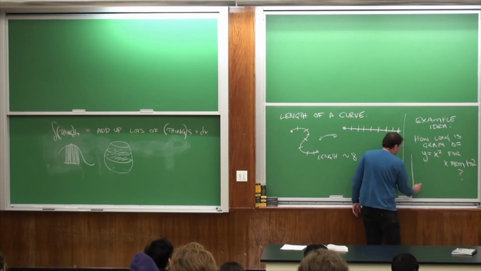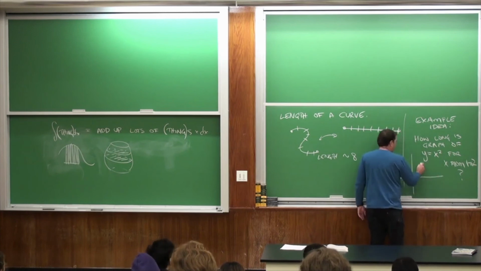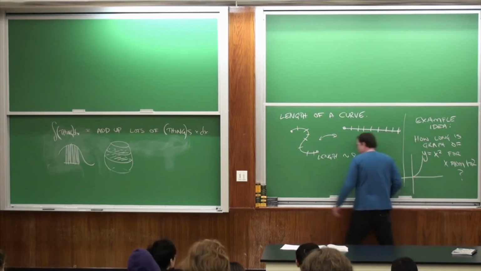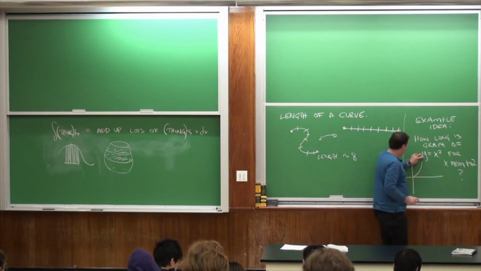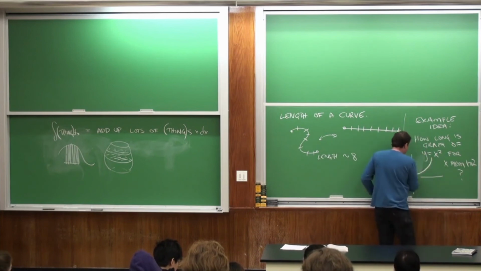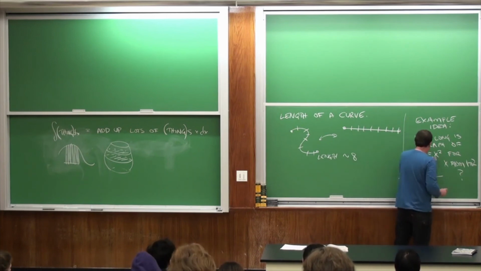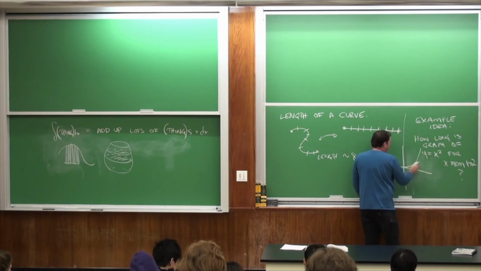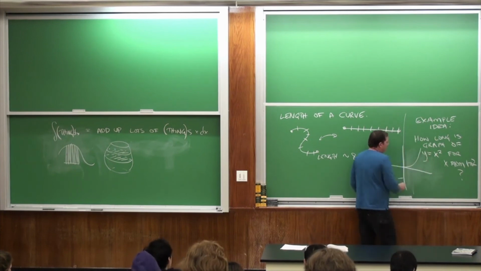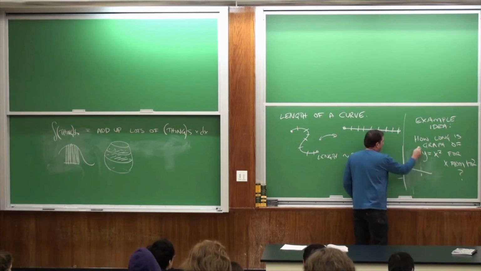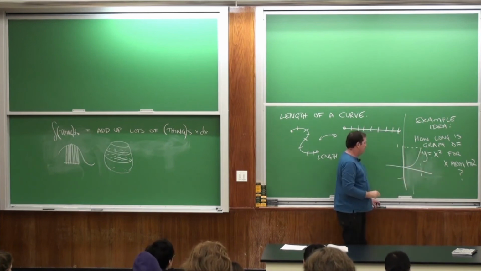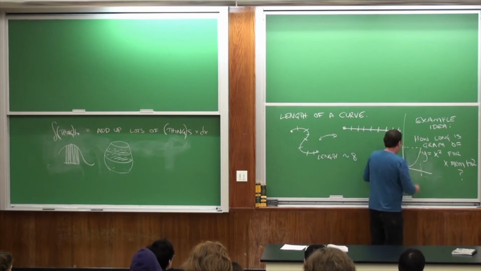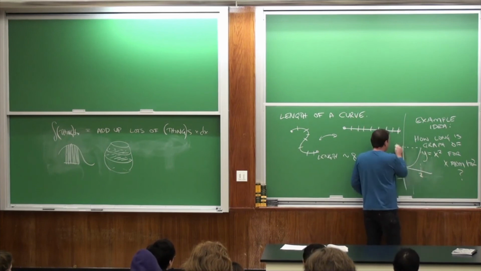So if I draw the graph of y equals x squared from 1 to 2, this is 2, this is height 4, this is 1, 1.